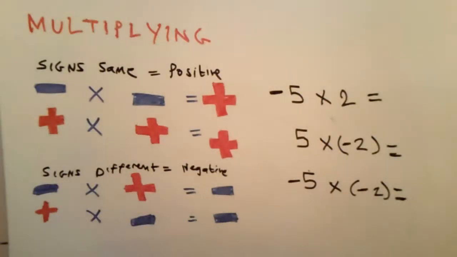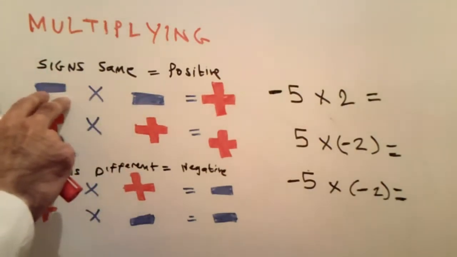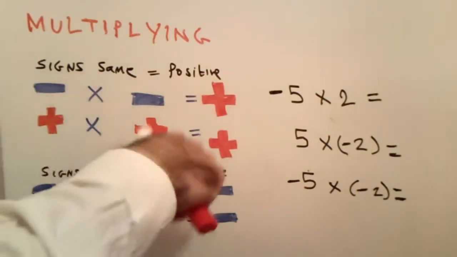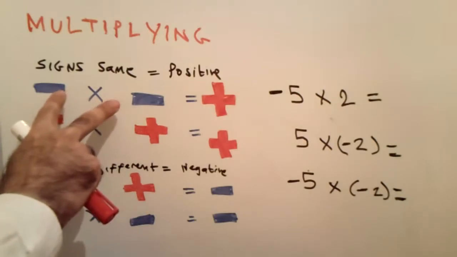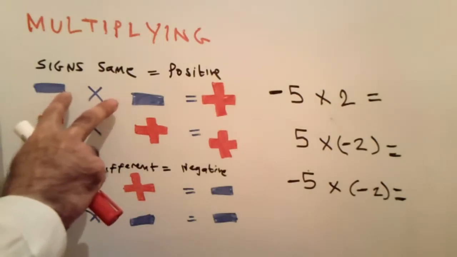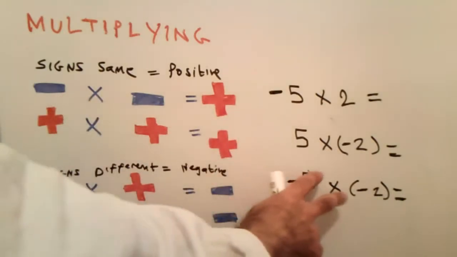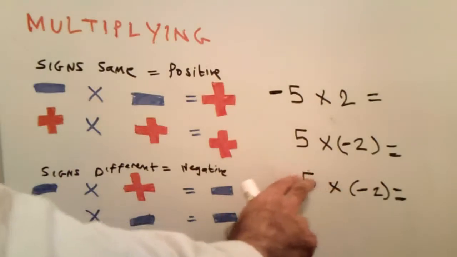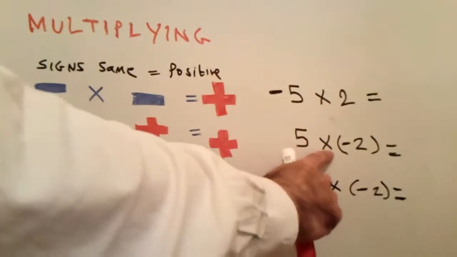Now we come on to multiplying positive and negative numbers. Basically, this is very easy. We just follow this convention. Like we had this diagram for adding and subtracting, now there's no touching of negative signs and positive signs, because we've got clear operators here.